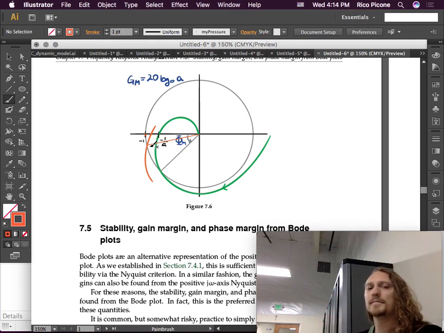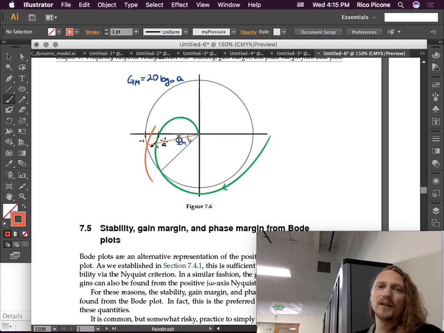So is that telling you anything that the gain margin doesn't tell you? They're related but independent quantities. The gain margin is a little bit easier to interpret as a physical quantity, because you increase the gain and then you can either be stable or unstable.